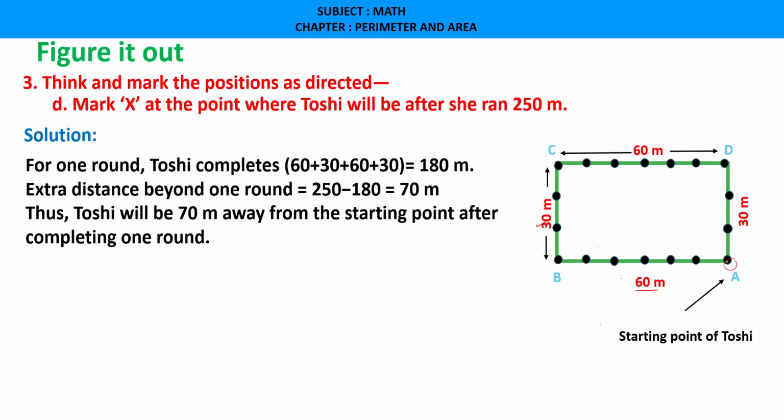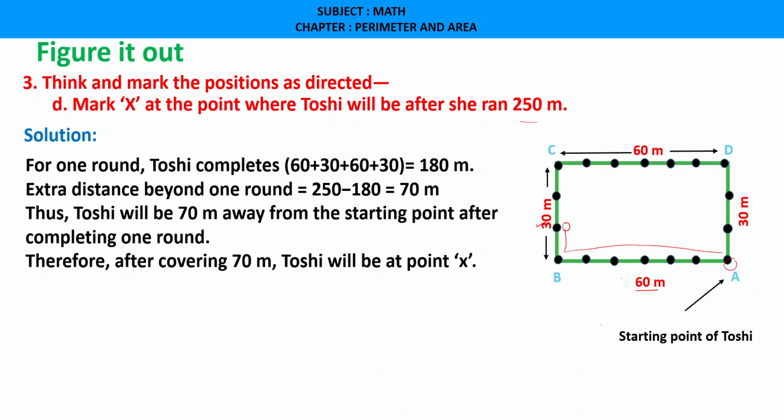So, for one round she completes 180 meters, but our requirement is 250, and 250 minus 180 is 70 meters. Therefore, upon covering the length of 60 meters, she will reach here to complete this 70 meters. After covering 70 meters, Toshi will be at point X. This point X is where she completes 250 meters.